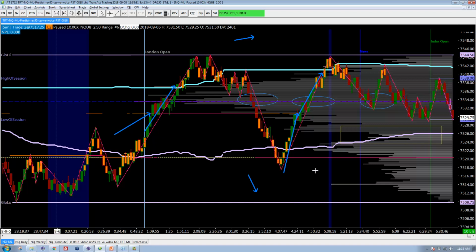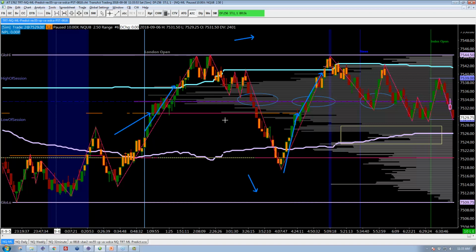As the market trades, we get low volume nodes inside the value area, and low volume nodes that are outside the value area. When we're inside the value area, all we care about is how close we are to the point of control. If we're too close to the point of control, we won't trade. We have to be far enough away.